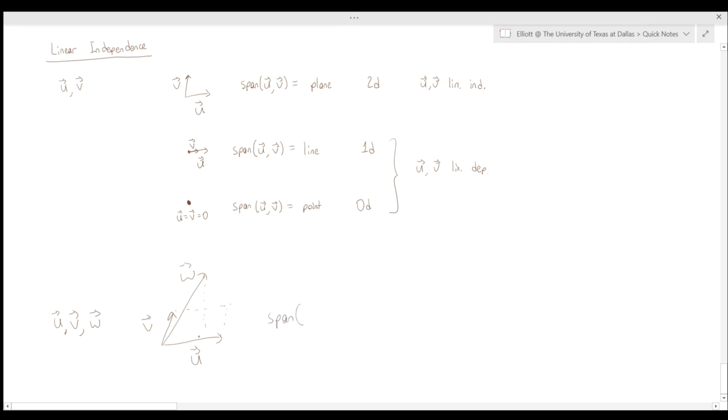So here in the picture, I tried to draw W sticking above the plane containing U and V. So they stretch out in 3 dimensions. Okay. In this case, UVW would be linearly independent.